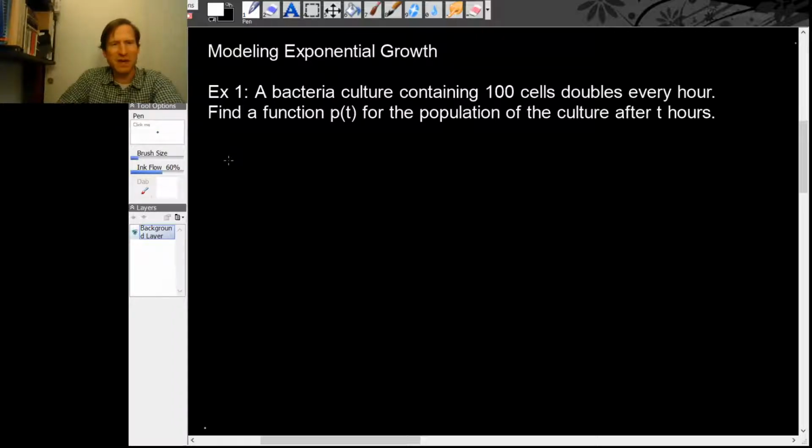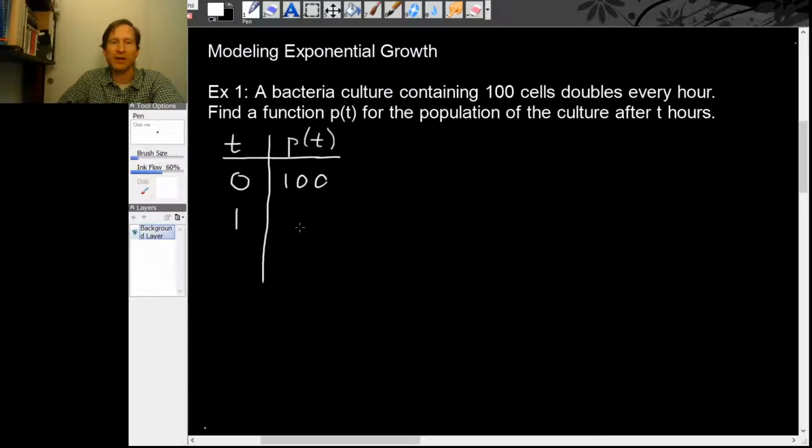So let's start just by making a chart. Let's keep track of how many hours has elapsed, that's t, and the population of the cell culture after t hours. After 0 hours, that is at the beginning, there are 100.